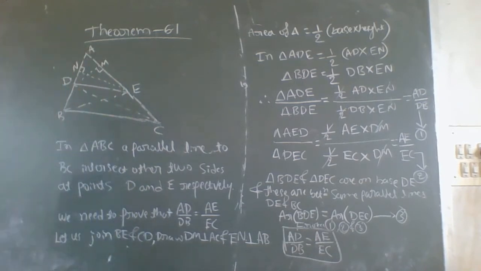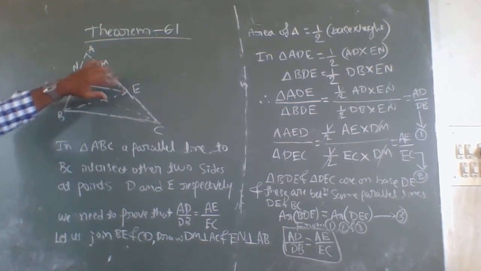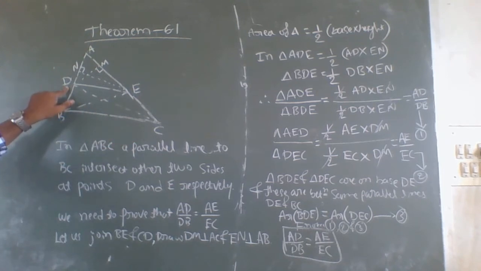See here again. So here in triangle ABC, parallel to BC line, we constructed DE, which is parallel to BC, and this parallel line intersects other two sides, means AB and AC, at two distinct points D and E. And here I will join B and E, C and D, and we will construct perpendicular lines.